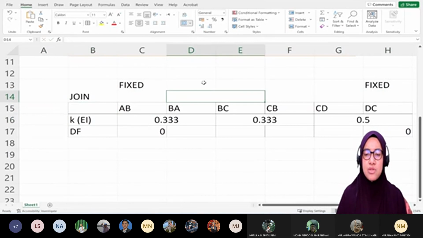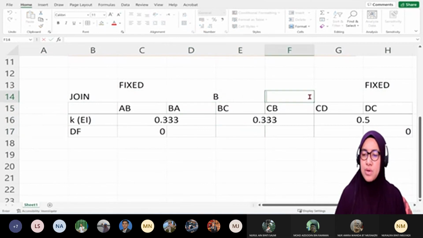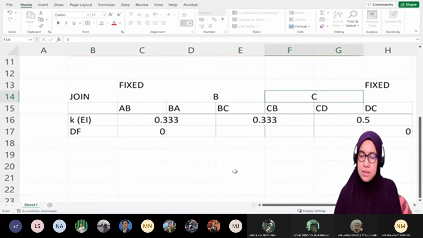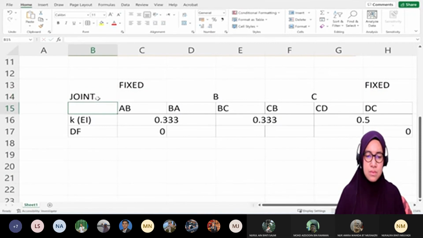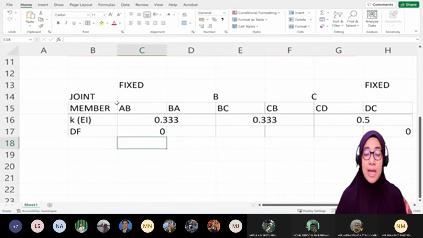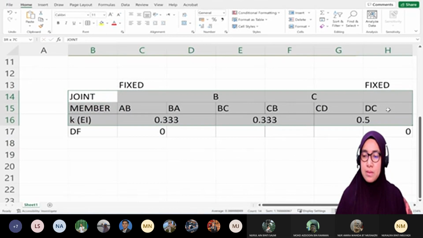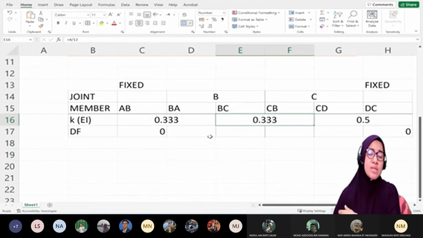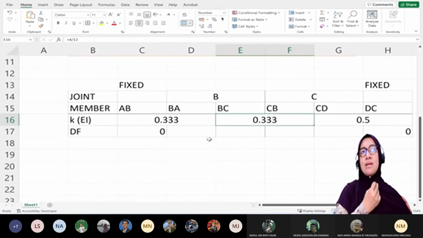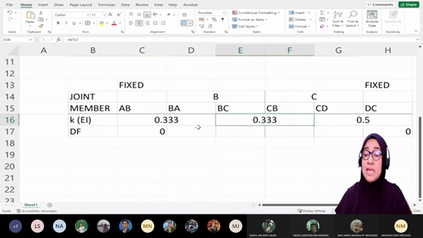So yang ni lah tadi join B. Ni join, yang ni join C. Ni member lah, member representing 6 member and moment. So yang ni buat menu aja, cuma saya nak tunjuk dengan you. So we can formulate it. We can set all the formula in Excel and we can do it easily.